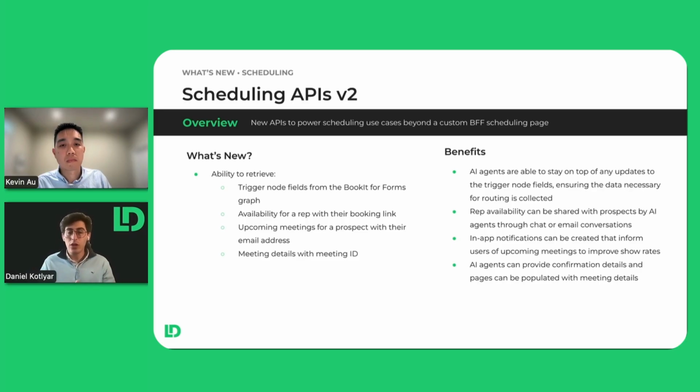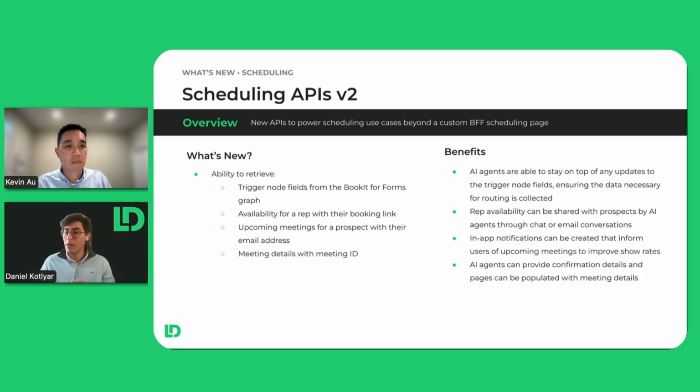So that first one, trigger node fields from the book of forms graph. If your AI agent is able to constantly query your book of forms graph to get the latest inputs that are required for scheduling or for routing, then you don't have to continually update your agent and tell it, okay, now I'm looking for the company field, or now I want to ask for industry, or now I want to ask for company size.